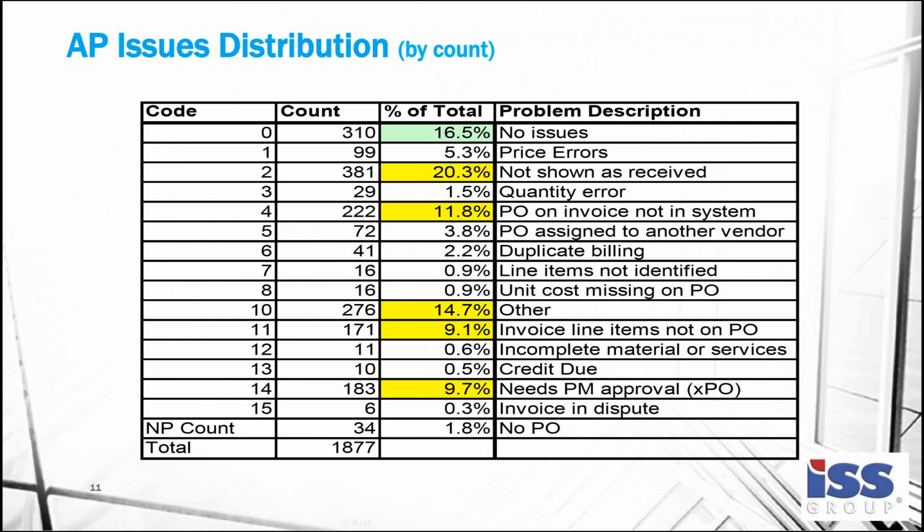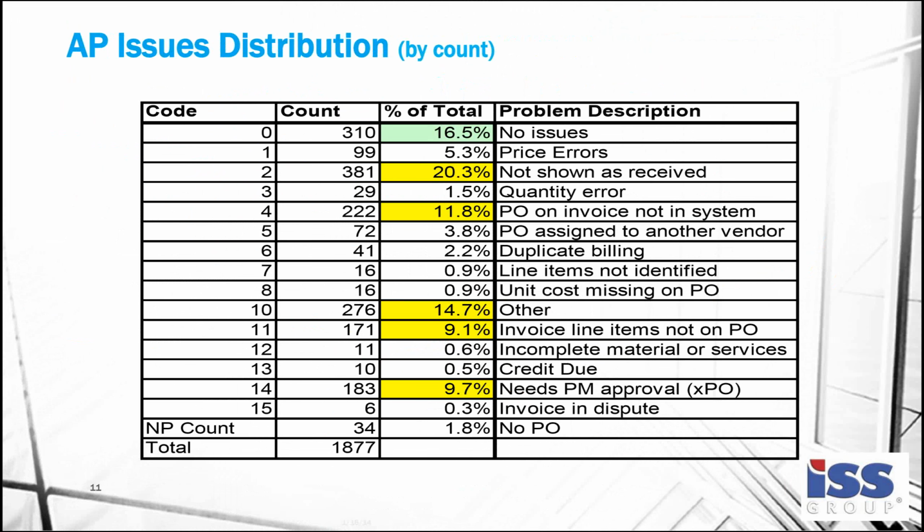And this is from a well-established company that has been in the business quite a while and thought their procure-to-pay process was pretty good. And it says 16.5% have no issues. That's a first-pass pay number. 16.5% are at first-pass pay. Now, I mentioned best-in-class is 80 to 85%.